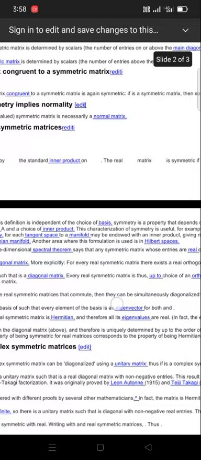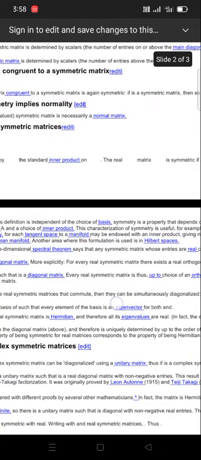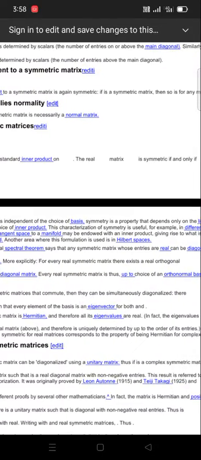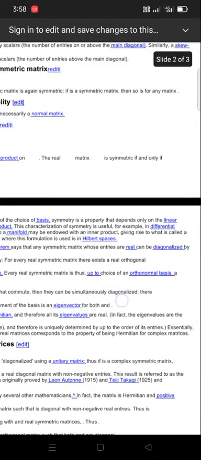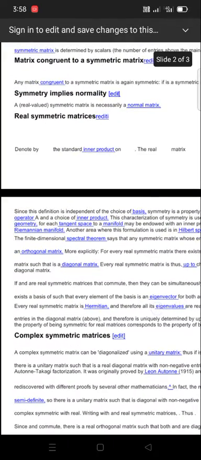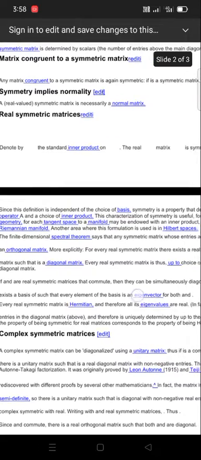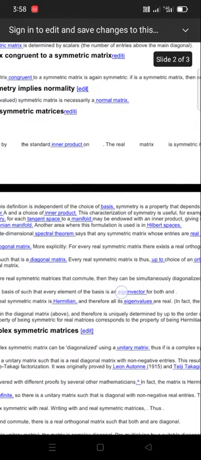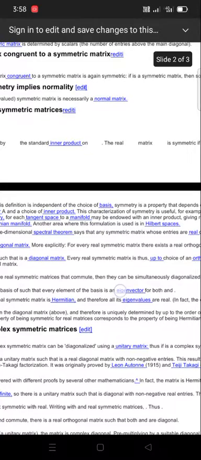This characterization of symmetry is useful, for example, in differential geometry on Riemannian manifolds. Another area where this formulation is used is in Hilbert spaces.